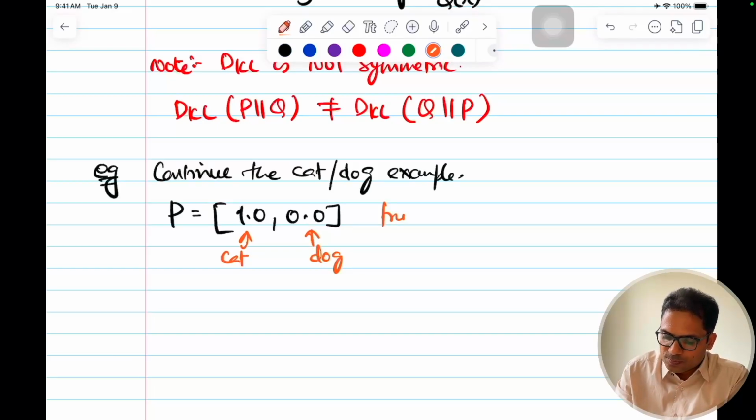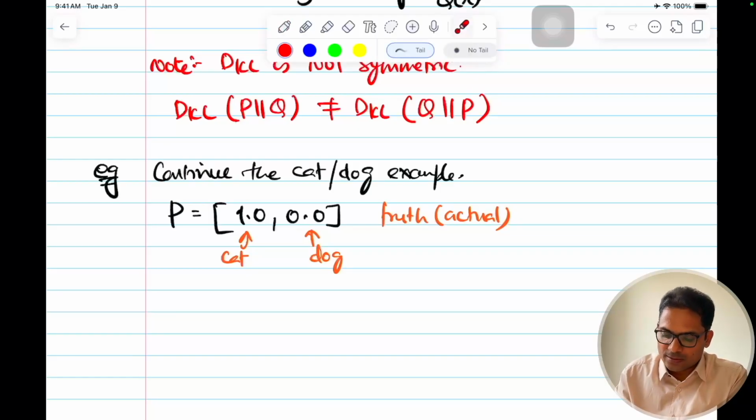This is the truth, the actual distribution: the probability of cat is 1 and the probability of dog is 0.